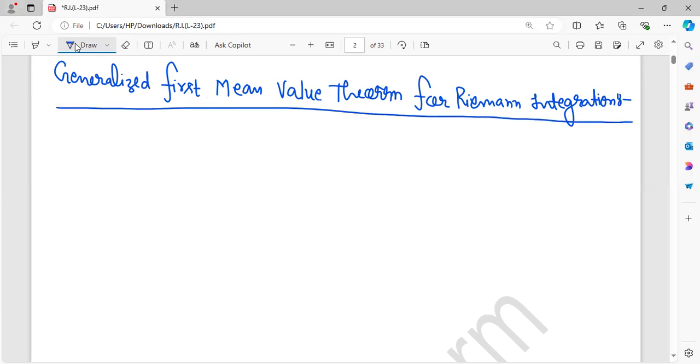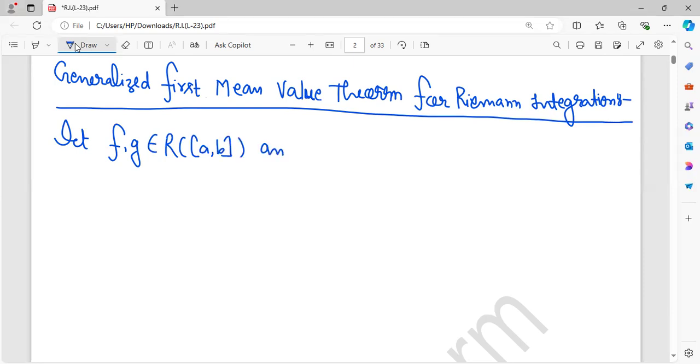So what is this theorem? Let f and g belong to R[a,b]. It means f and g are Riemann integrable. Okay.